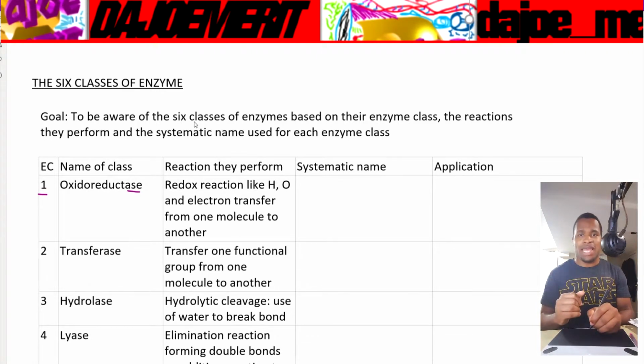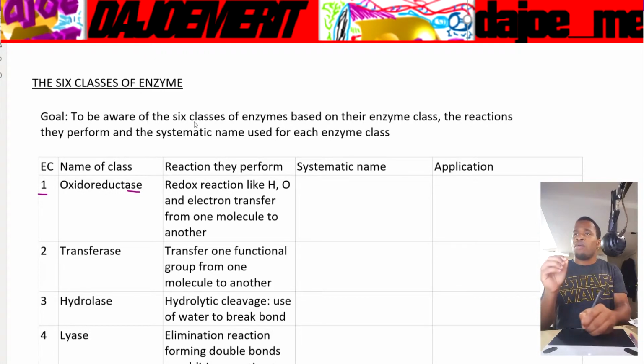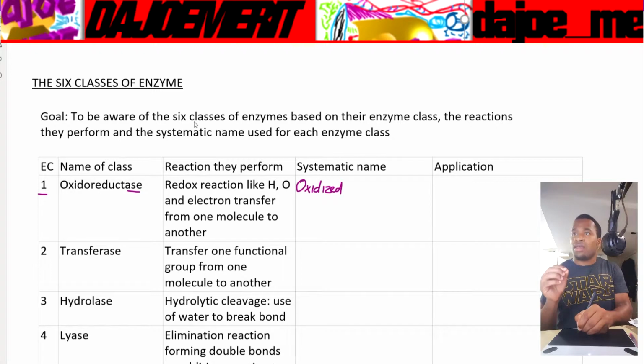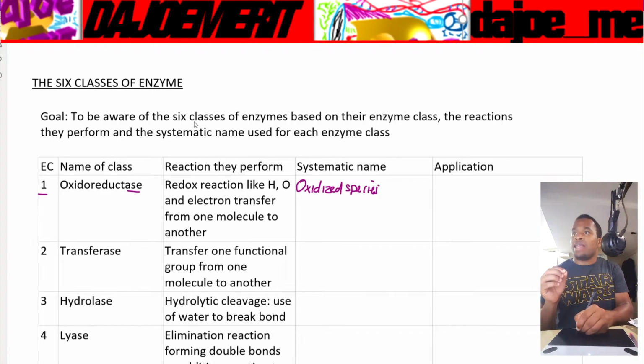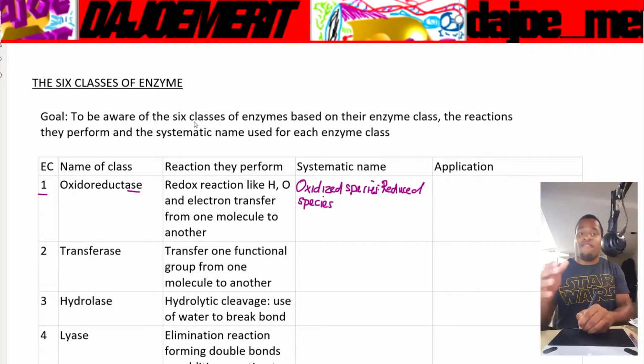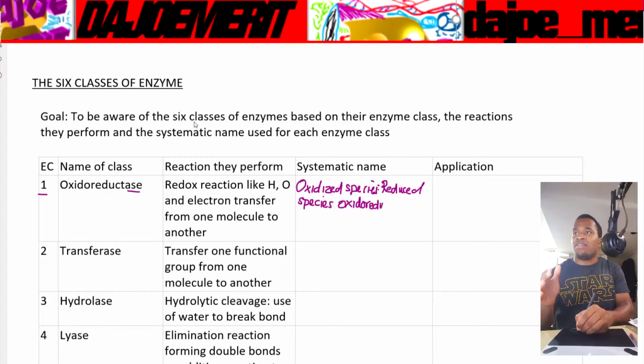And a systematic name to approach this type of enzymes is first putting the oxidized species name first, and then you write down the reduced species name, followed by the final name, which is the general name, oxidoreductase.